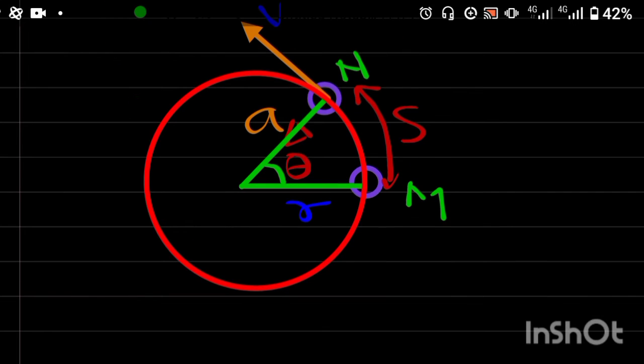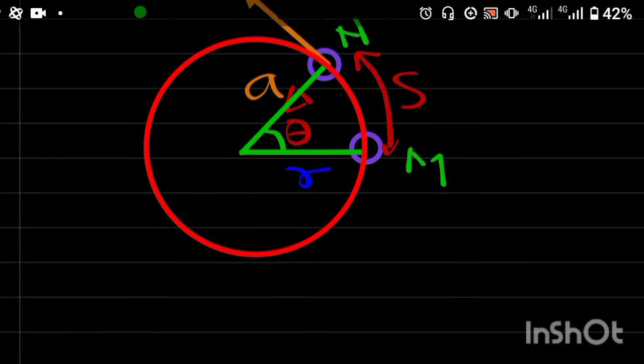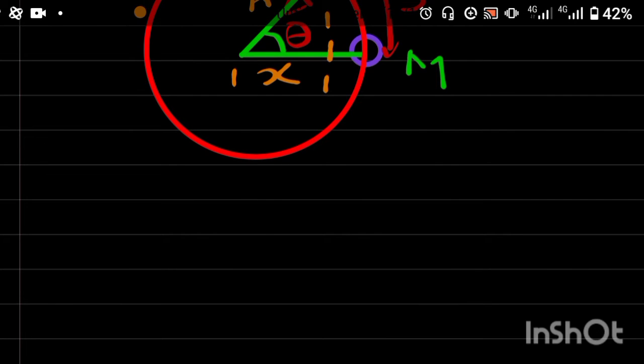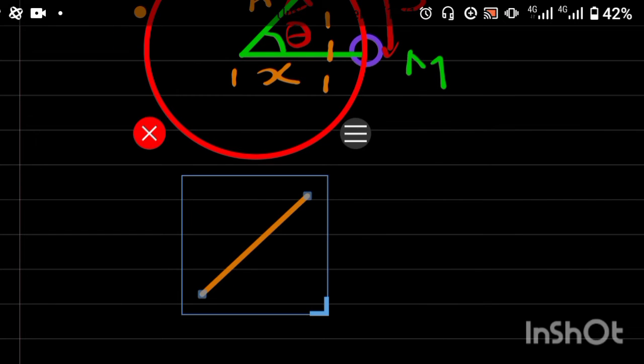Now let's look at another approach and go into more detail. From this diagram, let's draw a line vertically downward. Let's say this distance is x. Here is A. That means we have something like this.